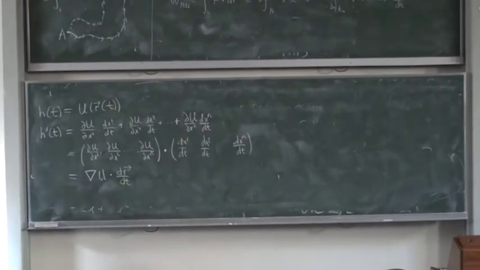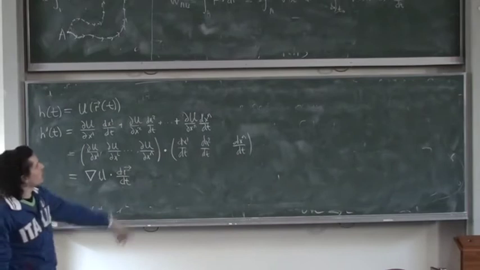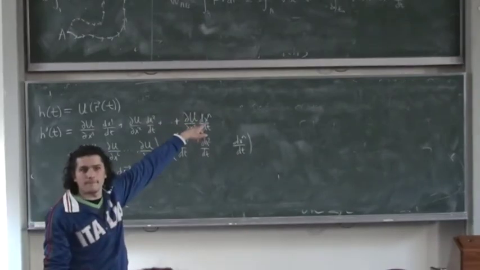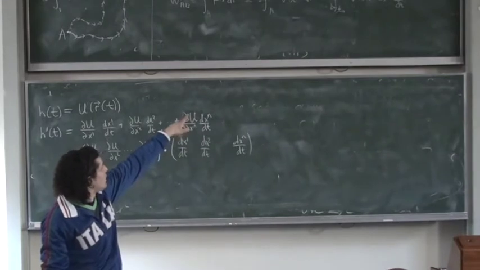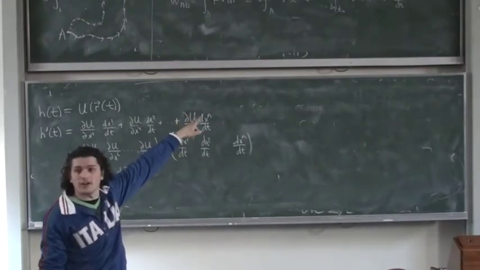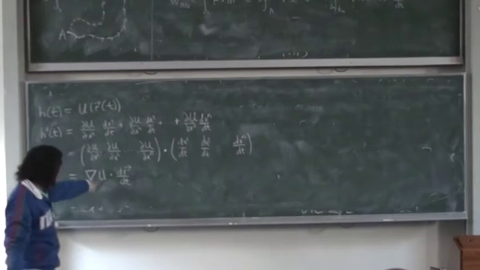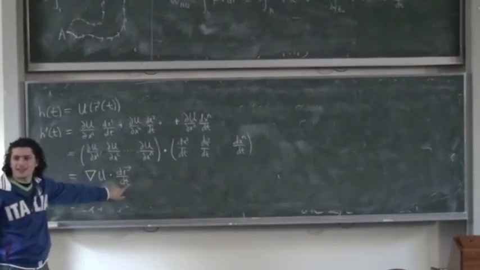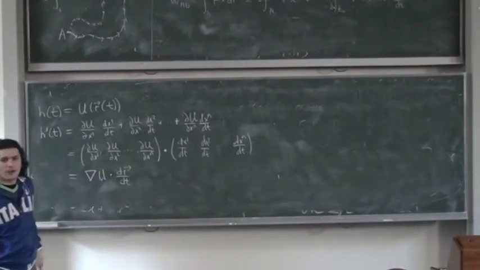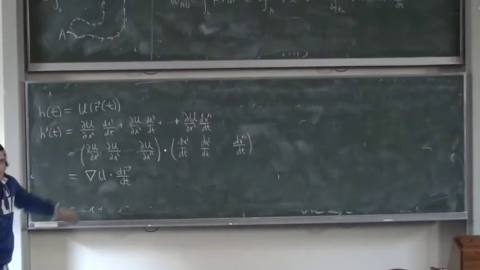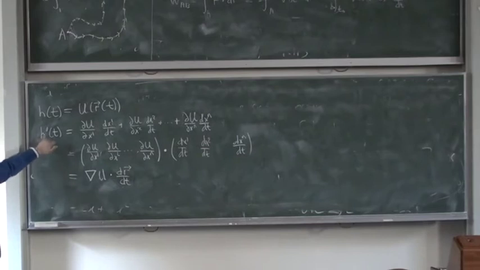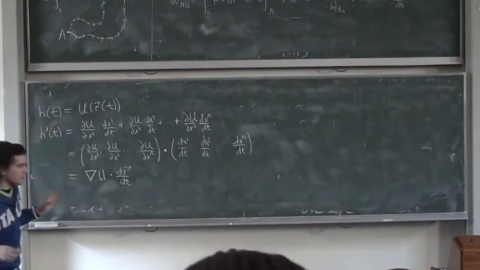Okay, that's interesting. Why is that interesting? What have we got upstairs? We've got the integral of grad u dot dr by dt. Same thing. But that's just the derivative of this h of t, this ordinary function, h of t.